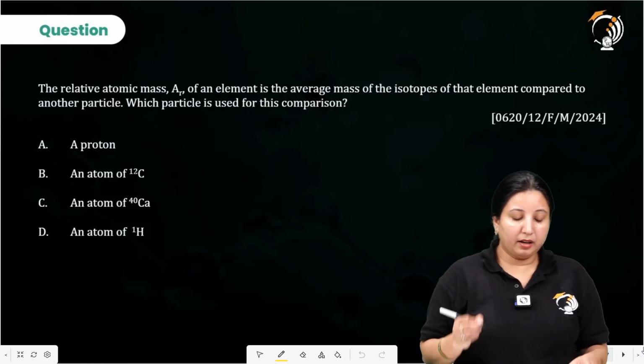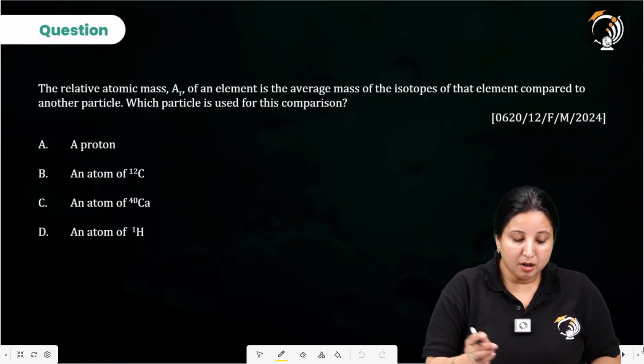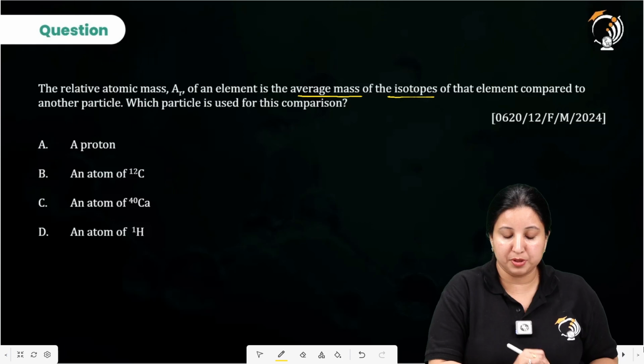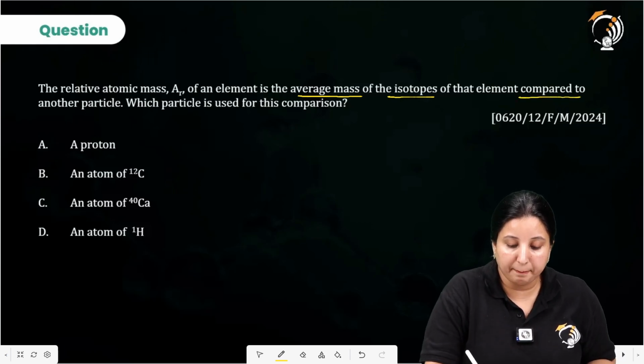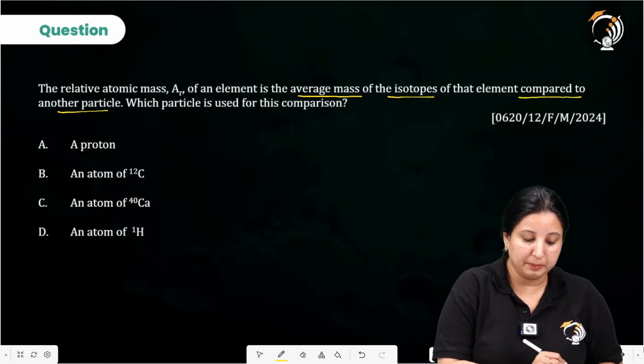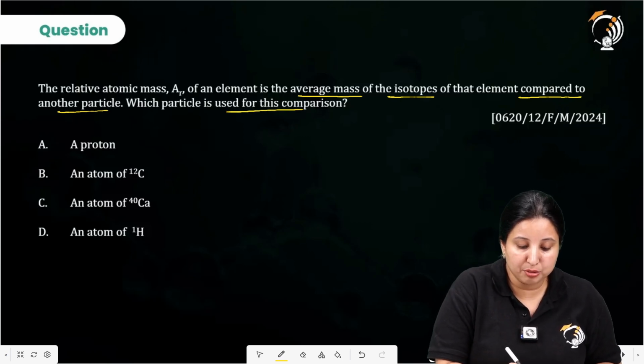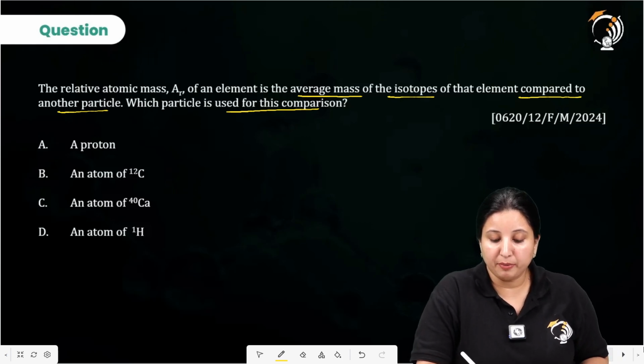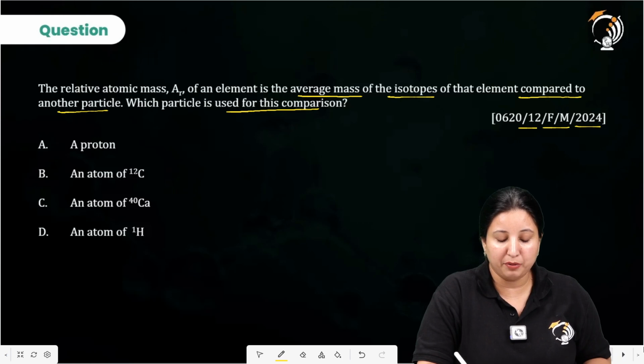Next, the relative atomic mass of an element is the average mass of the isotopes of that element compared to another particle. Which particle is used for this comparison? This particular question is from variant 12, February March 2024.